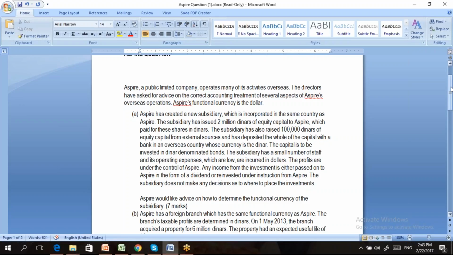The subsidiary has issued 2 million dinars of equity capital to Aspire, which paid for these shares in dinars. So the subsidiary has issued shares and the parent company has bought them, although the parent's functional currency is the dollar and it is in the same country, the parent has invested in dinars.